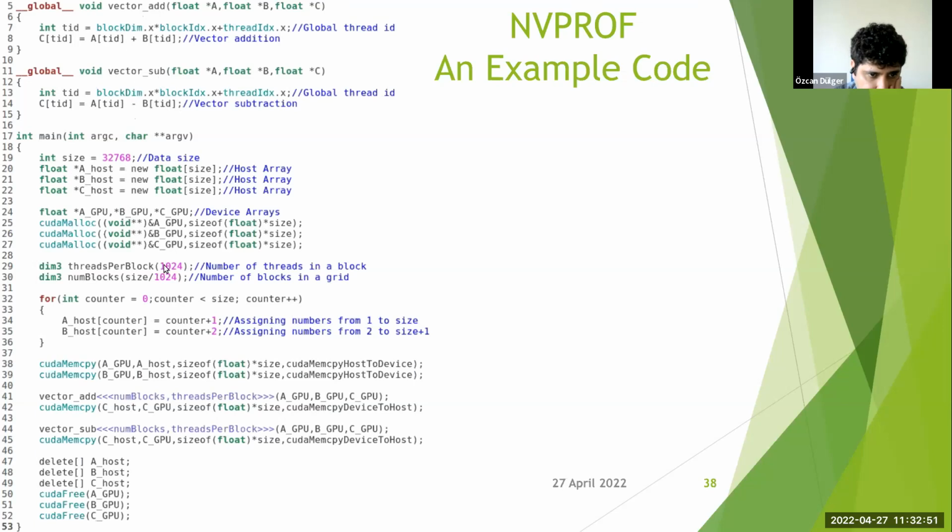We set the number of threads to 1024. We set the number of blocks to size divided by 1024. We initialize A and B, and copy the values to the device memory. First we call the vector addition kernel, then we call the vector subtraction kernel, then we free the arrays, and so on.